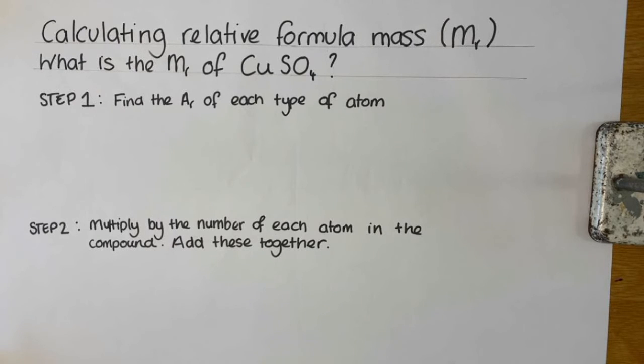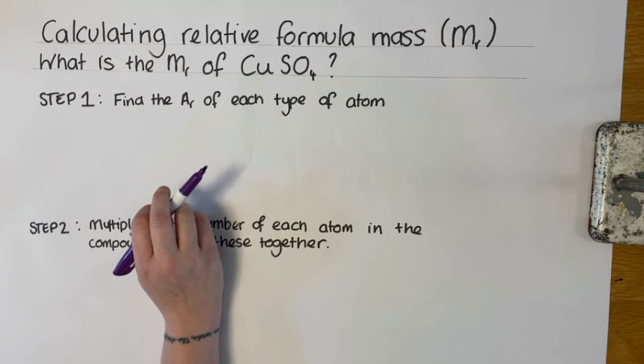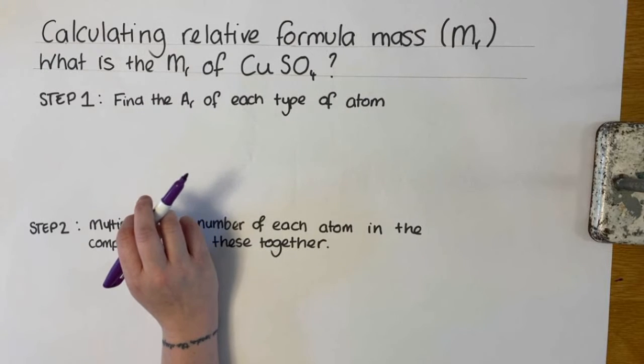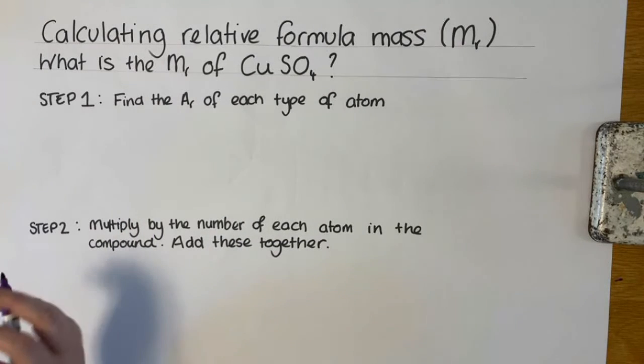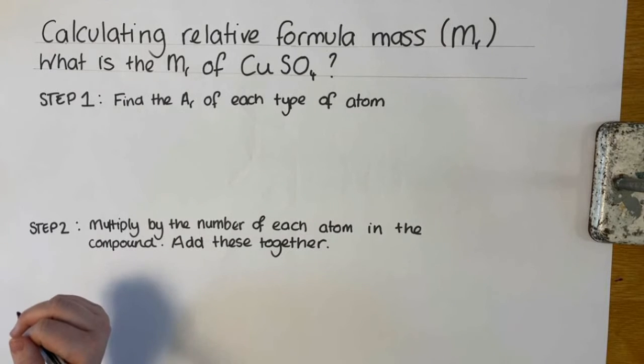So the first thing I need to do is find the Ar, that's relative atomic mass, because it's a bit shorter to write, of each type of atom. So I look these up on the periodic table, and I use exactly the number that it says there. And remember, if we're looking for relative atomic mass, that's going to be the larger of the two numbers.